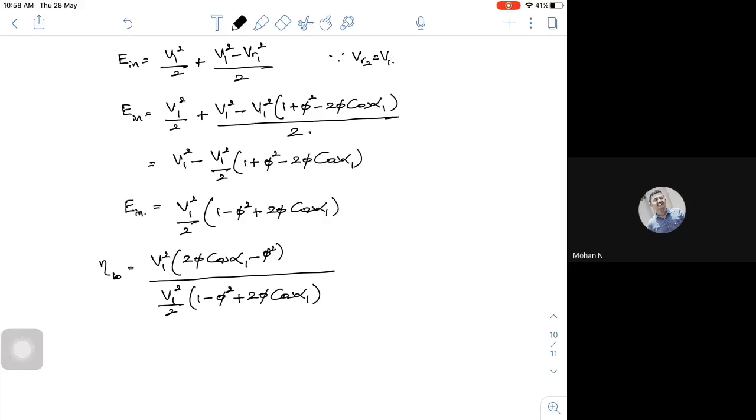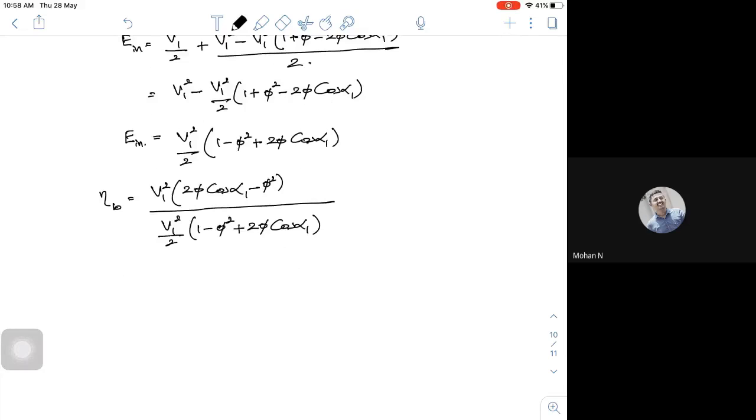For simplification, I can take 2 to the numerator, and V1 square simply cancels out. This will be 2 into 2 phi cos alpha 1 minus phi square divided by 1 minus phi square plus 2 phi cos alpha 1.